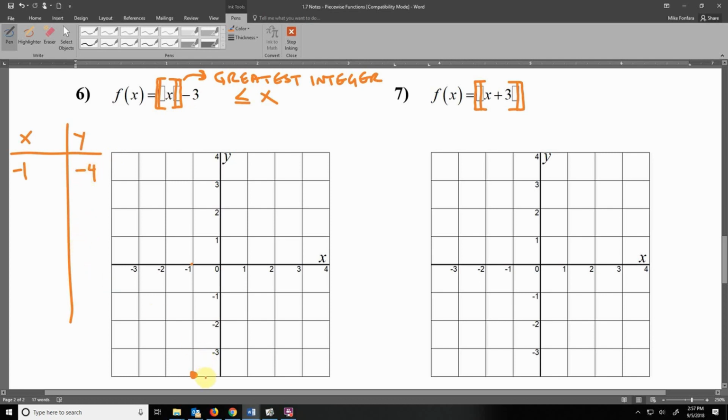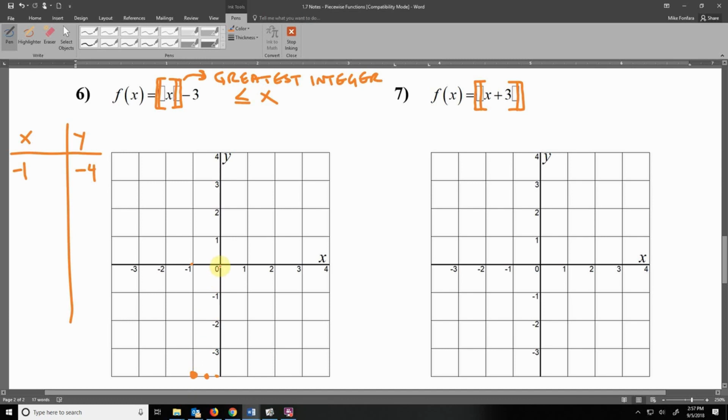So even at -1/2, I'm at -4. If I put in -1/10, the greatest integer less than or equal to that is -1. Minus 3 is -4. So any fraction between 0 and -1 is going to slide back to -1, because that's the greatest integer less than or equal to it. And when I subtract 3, I get -4.